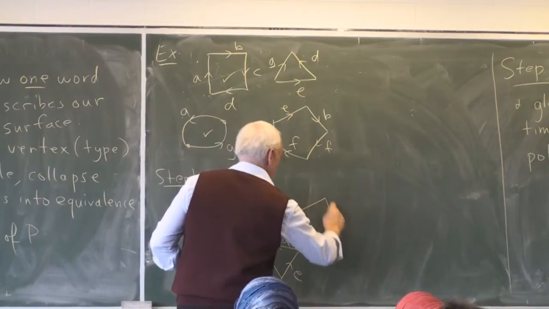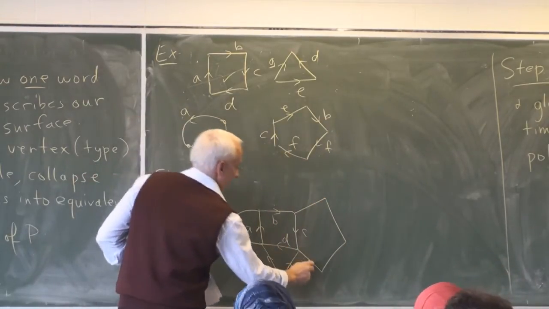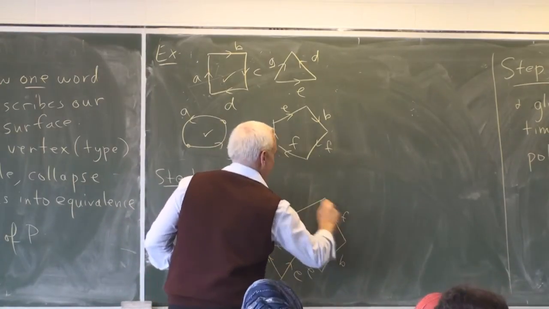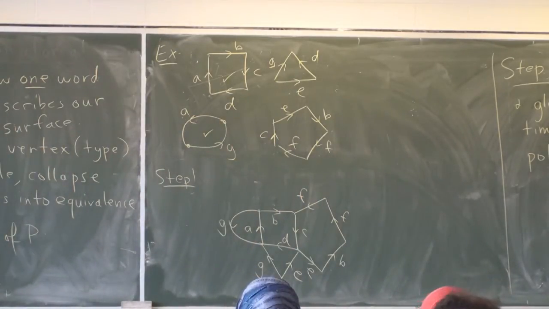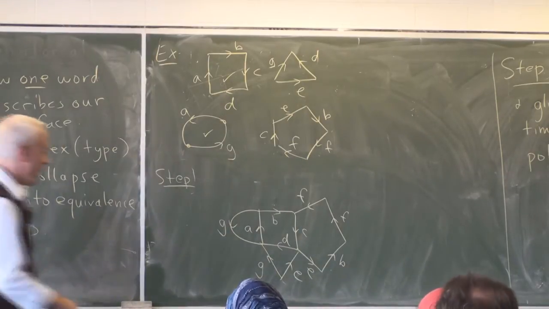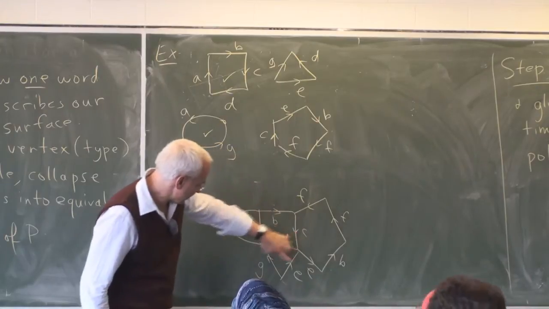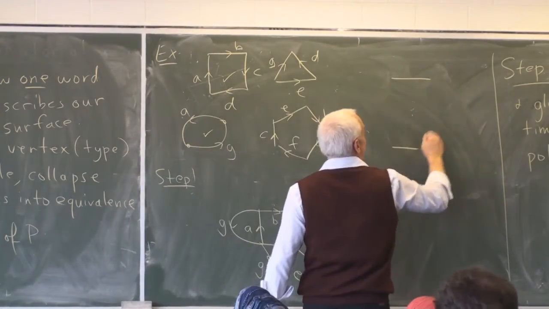That's fine. So we go C, and then E, and then B, and then F, and then F. All right. So now we've got one polygonal piece that captures everything. And let's clean it up a little bit. There's 1, 2, 3, 4, 5, 6, 7, 8 sides. So we can rewrite that as an octagon.